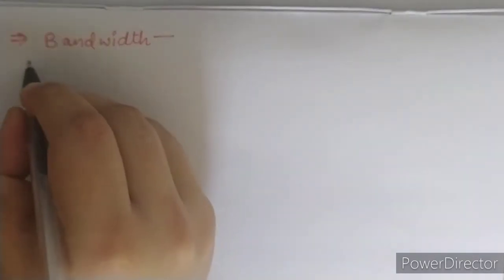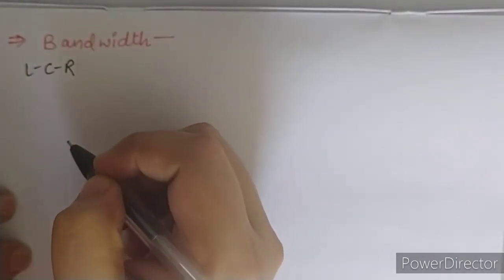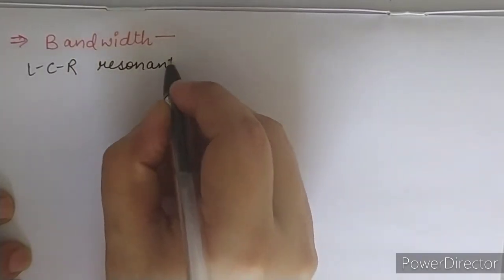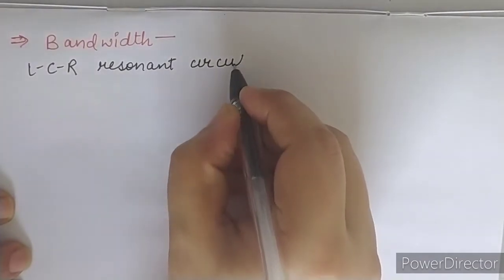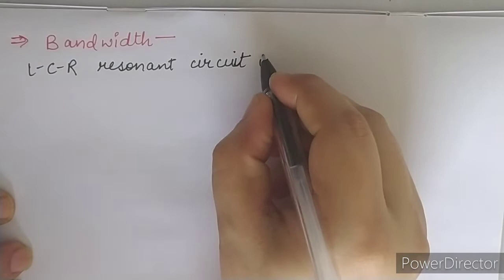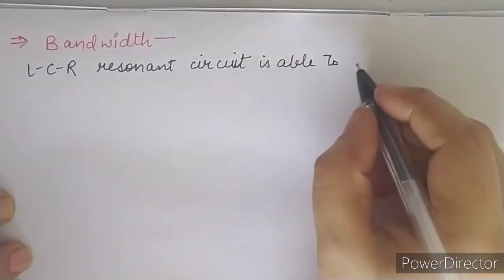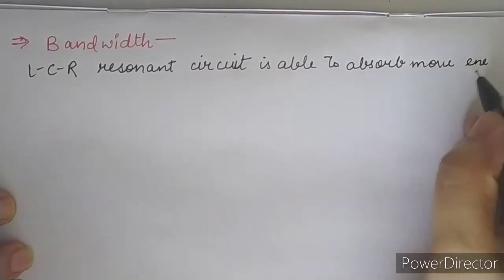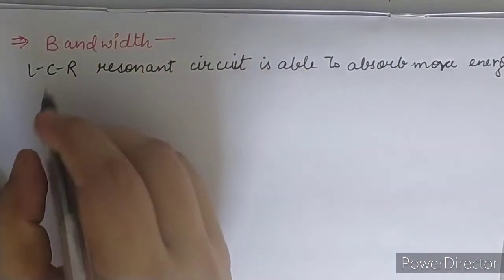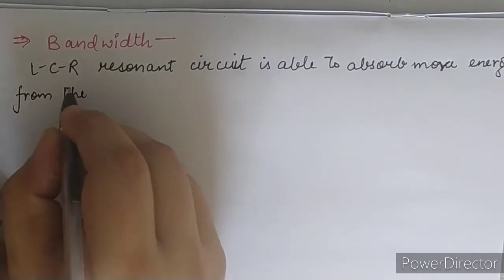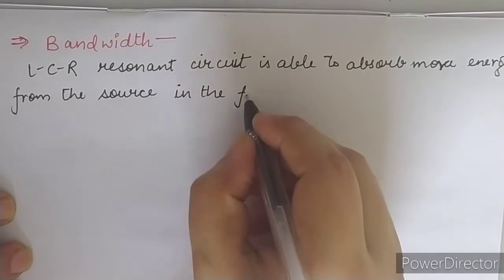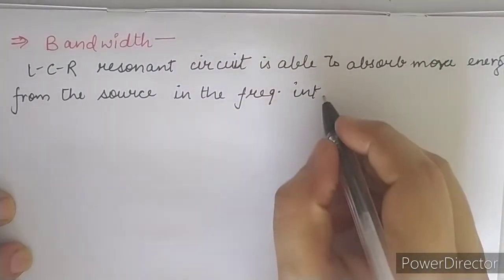So the LCR resonant circuit is able to absorb more energy from the source in the frequency interval. And what is the frequency interval?